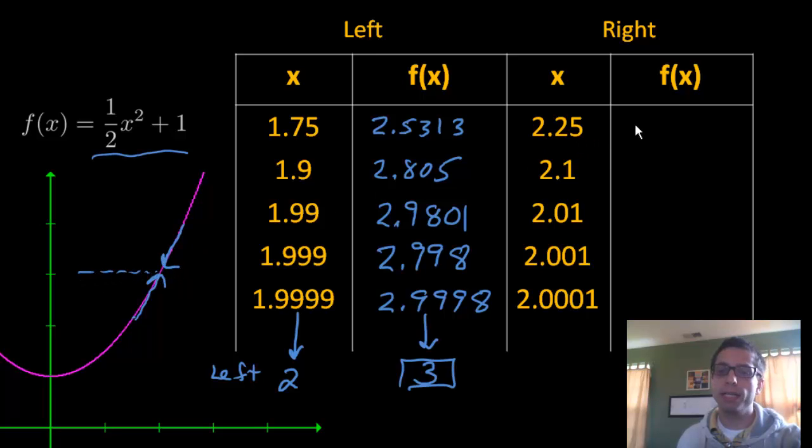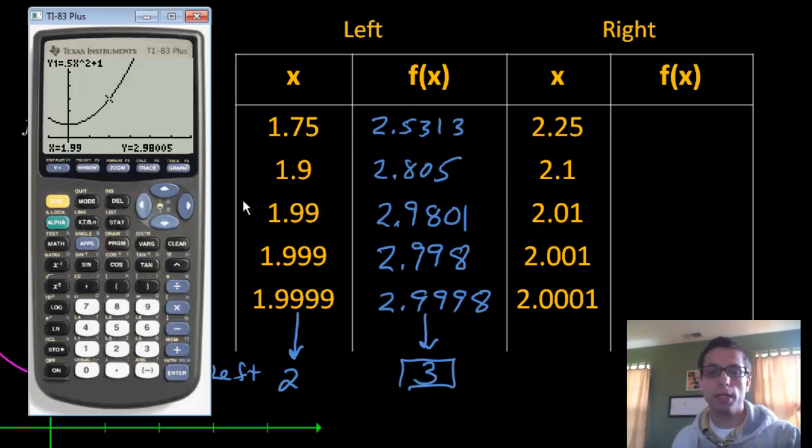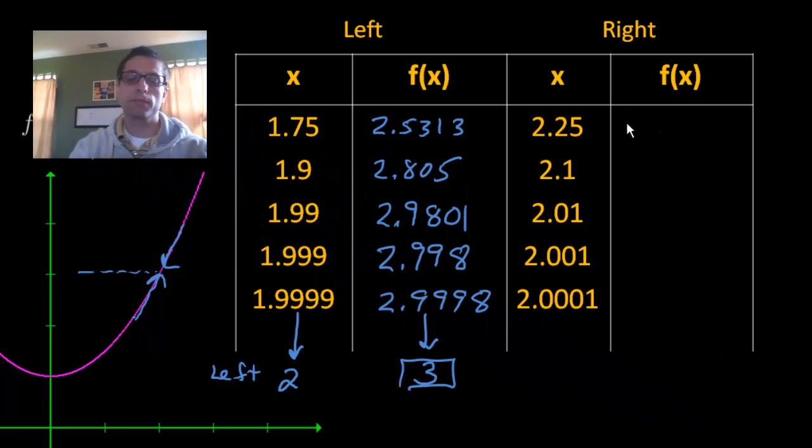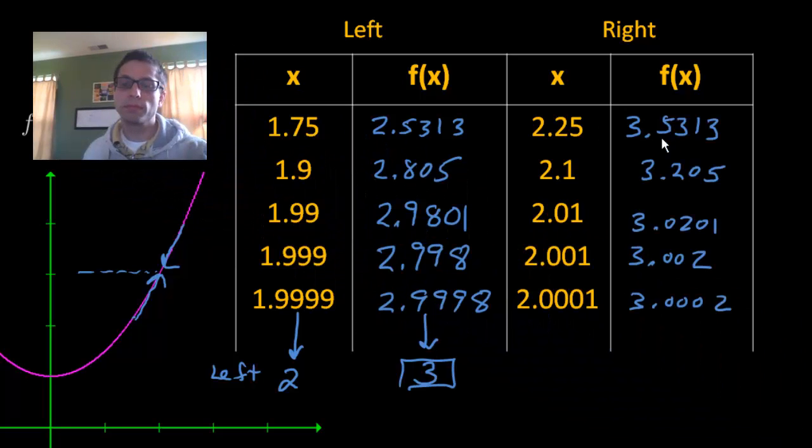So we're going to do it again with x values slightly to the right of 2. If I plug in 2.25, I get a y value of 3.5313. I'm just going to fill out the rest of the table.